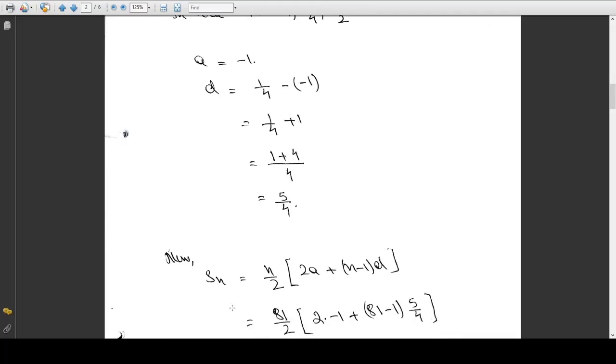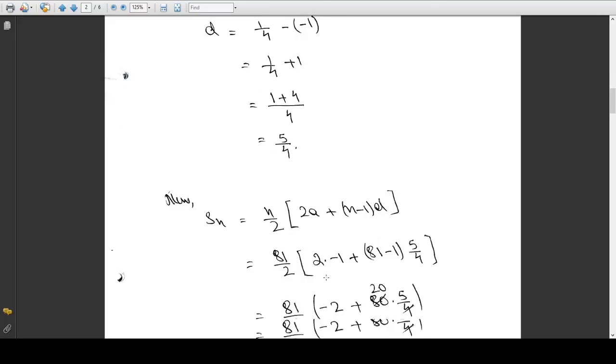Again we'll use this same formula. The sum will be n by 2 times (2a plus (n minus 1)d). It is given up to the 81st term, so n is 81, a is -1, and 81 minus 1, d is 5 by 4.